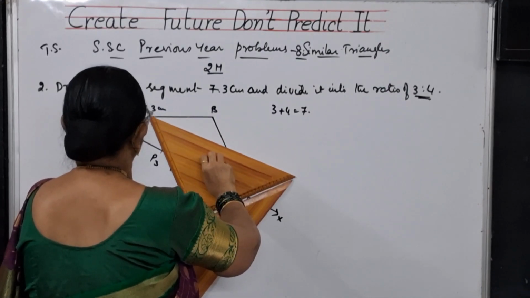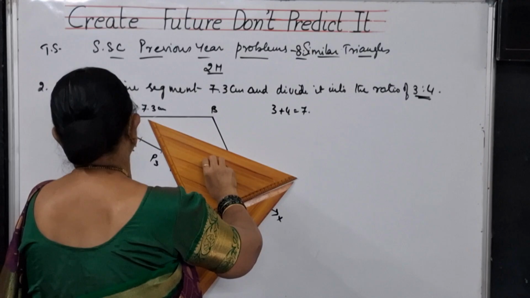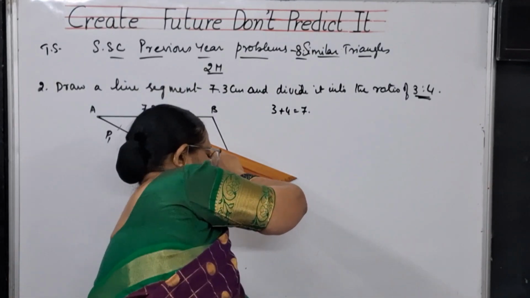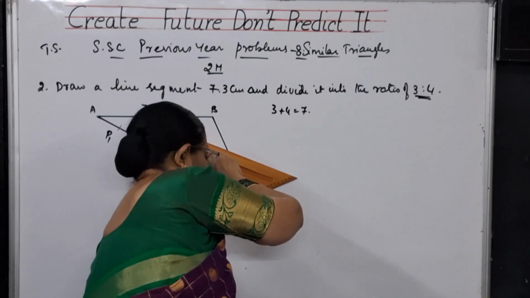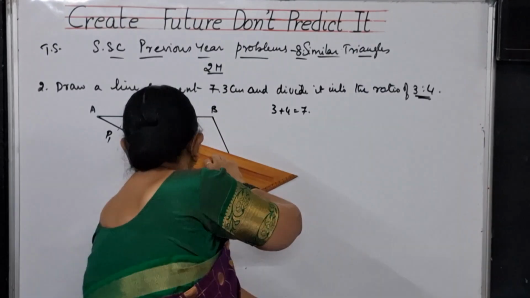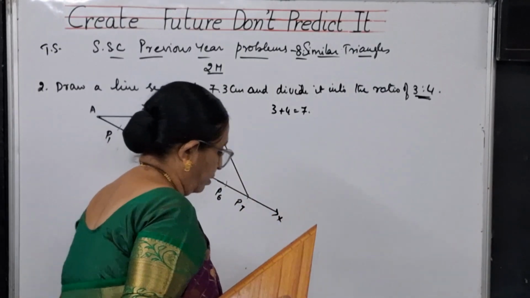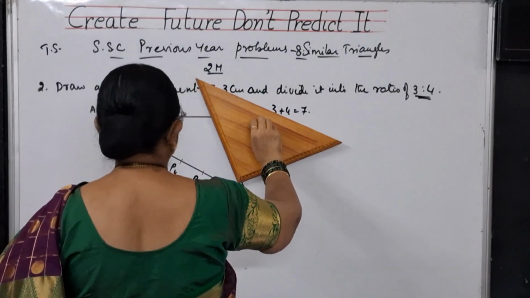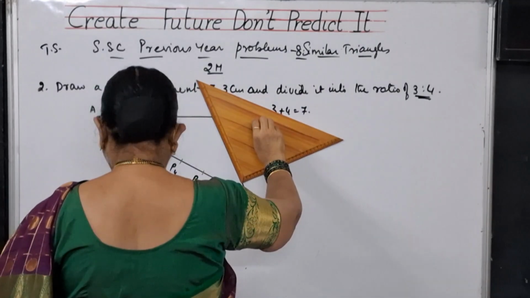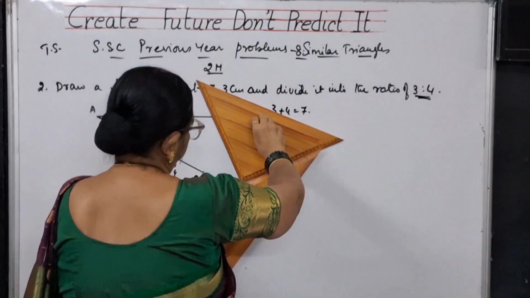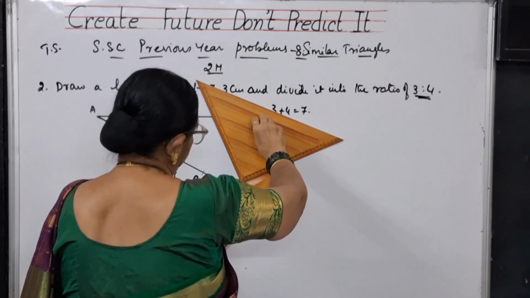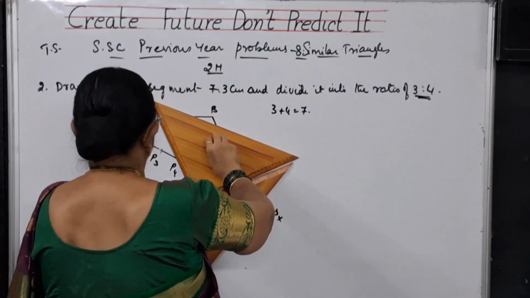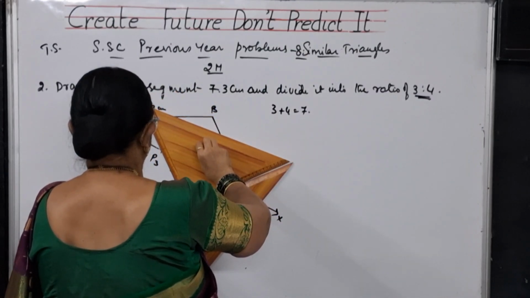So this is the line P3. Now again I will be doing, children, because I have missed it. So let me join like this and pull it in this way till P3.